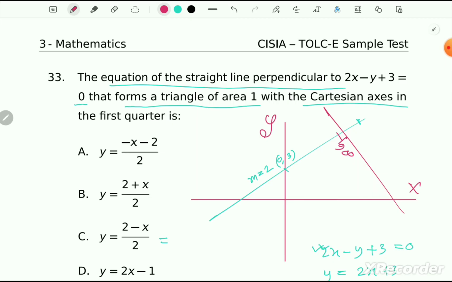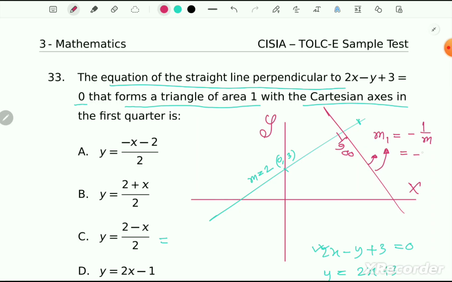But one thing we can decide is the slope of this line. We know if a line is perpendicular to another line, in that case the slope would be m1. For this line we denote it by 1, m1 equal to negative 1 by m.